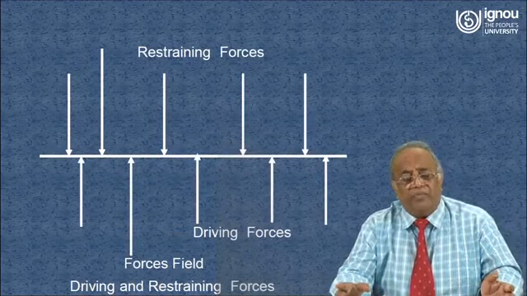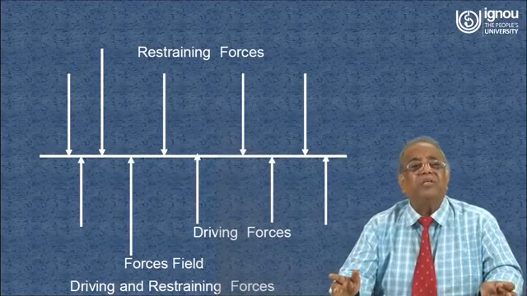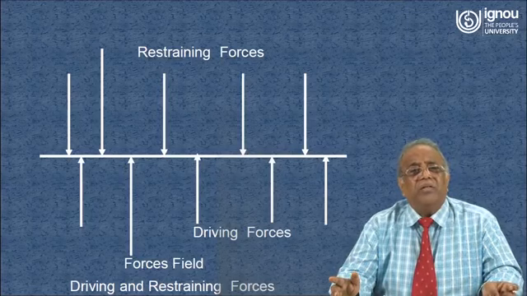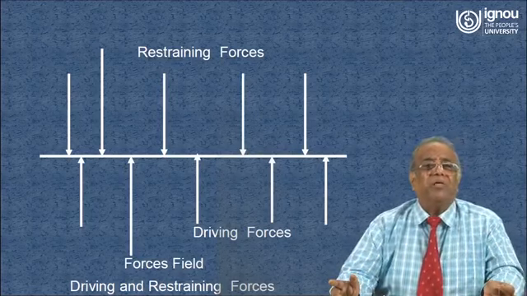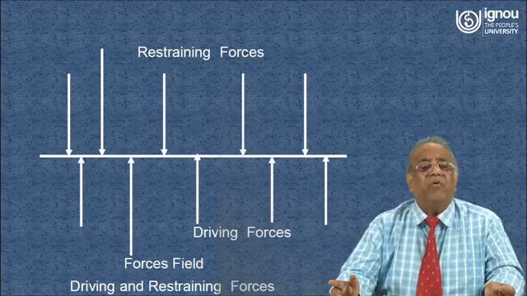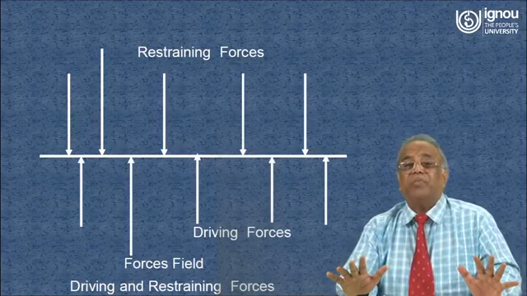Now this is the Lewin model, a very interesting model, in which there are two types of forces. One is driving forces, the other is restraining forces, for any changing process.